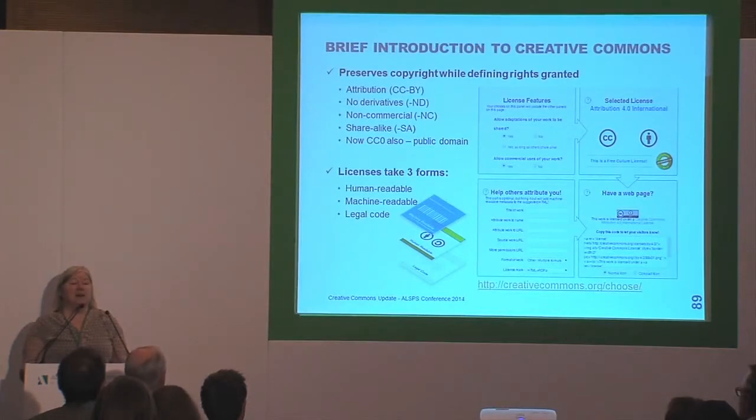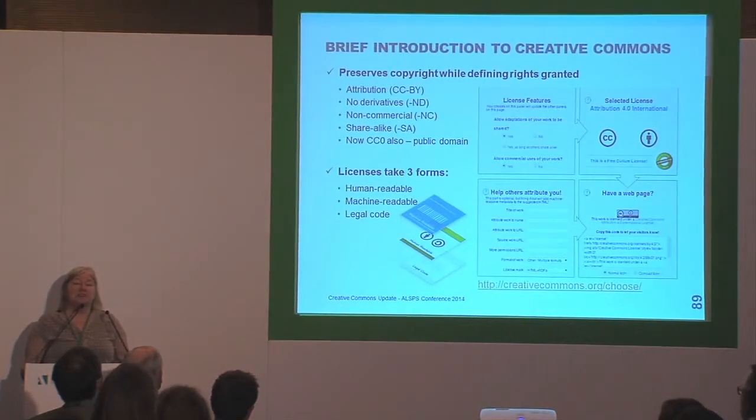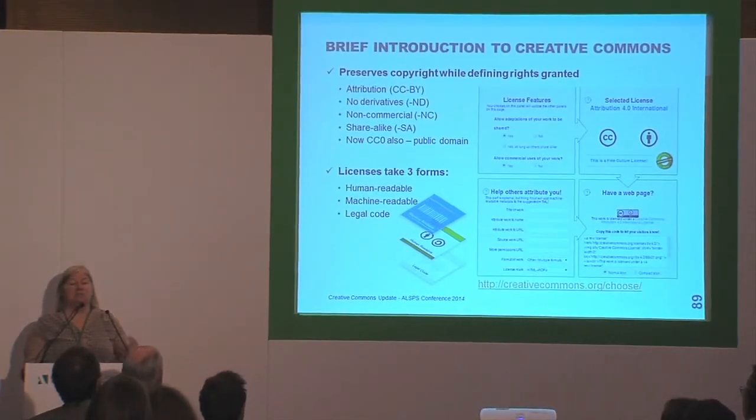And then there is the legal code, the actual lengthy legal text for the license. On the Creative Commons website, it's possible to use a license wizard to generate those 3 layers of licenses for yourself, for example, to create the XML that you might want to embed in your file for the legal readable code.